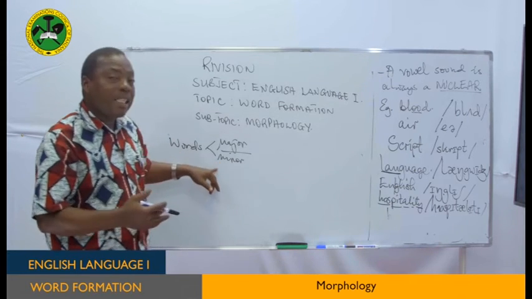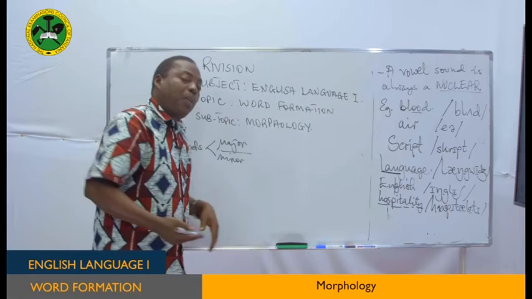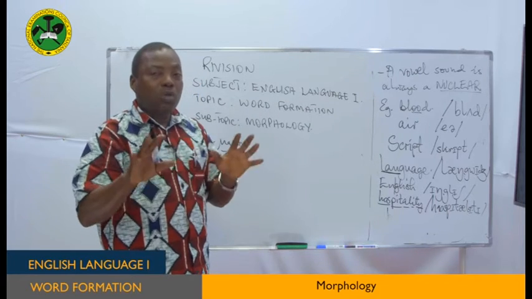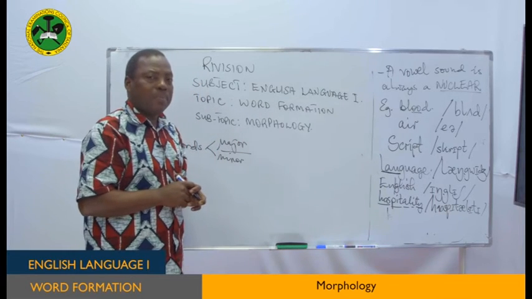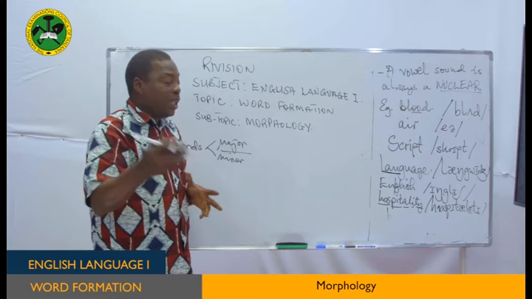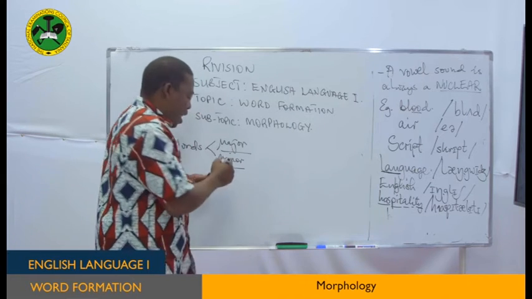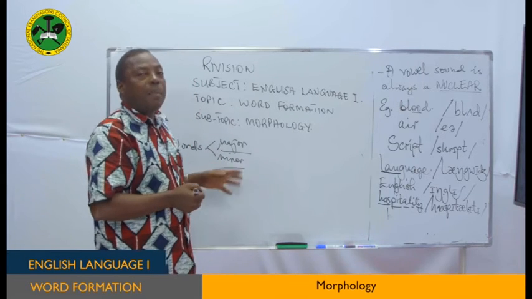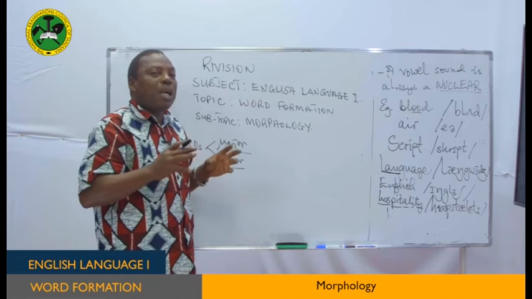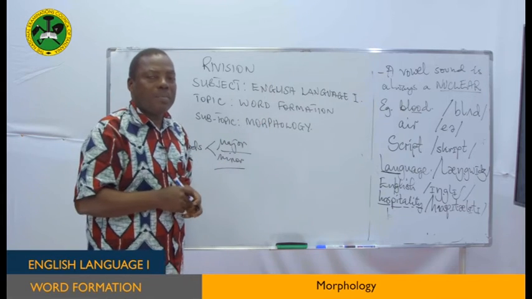Differently from minor word classes, where we are expecting to have words which do not receive attachments. So in this case, we can only have roots under the minor word classes, but we cannot think about having the attachments.